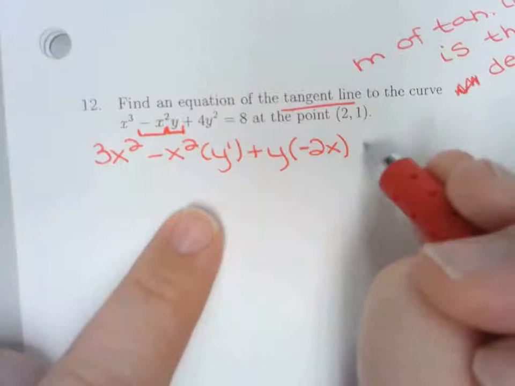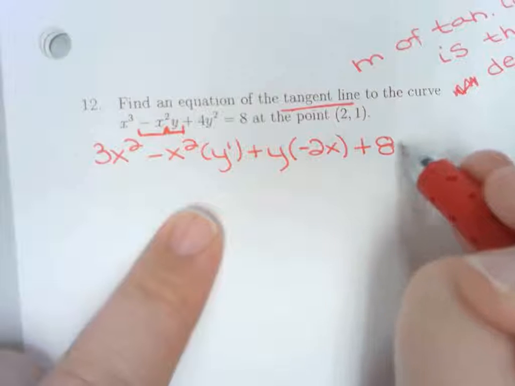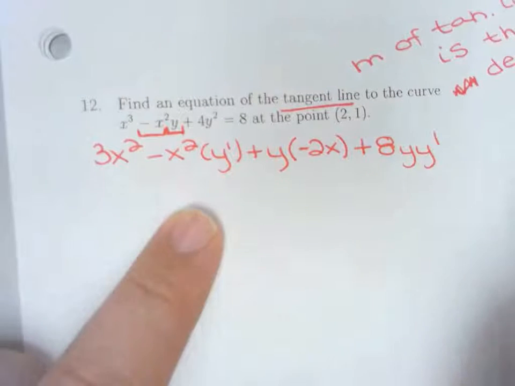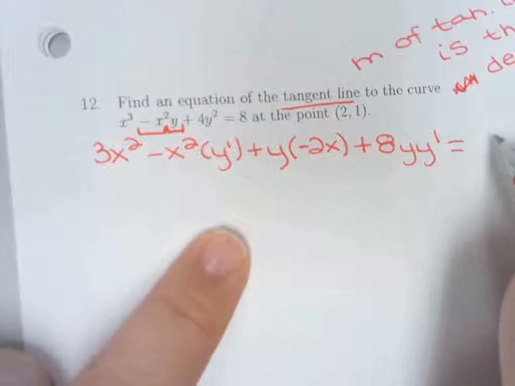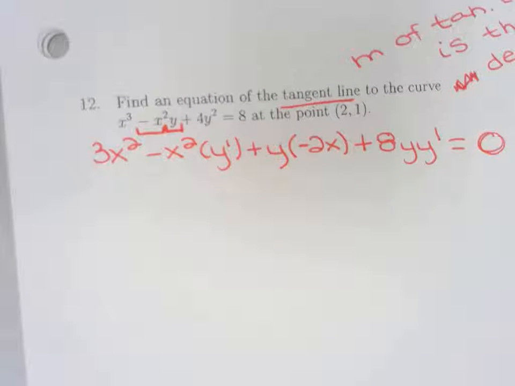Derivative of 4y squared, 8y prime, equals derivative of 8, 0. Do not forget, it comes to 0. Now I need to solve for y prime. I see we had some like this before.